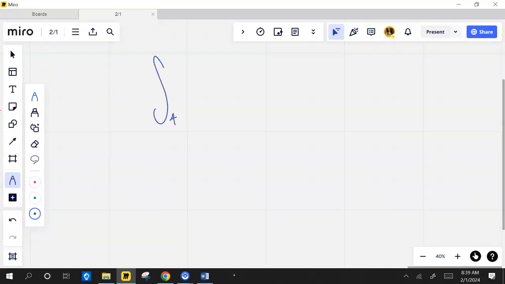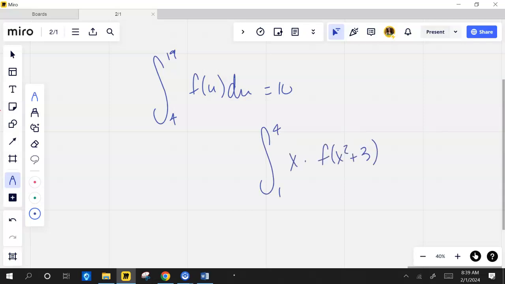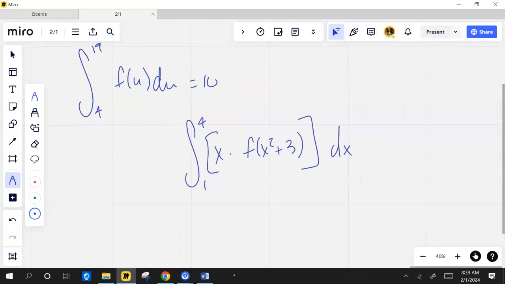All right, 22: the integral from 4 to 19 of f of u du equals 10. And then it says, what's the value from 1 to 4 of x times f of x squared plus 3 dx? I said, well, I see an f of u here. So what if I said u was x squared plus 3?